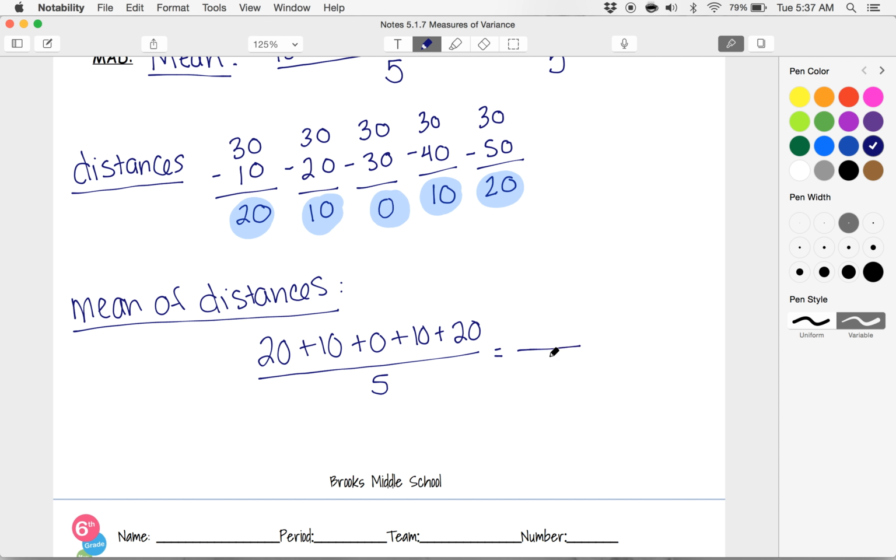So we're going to add 20 plus 10 plus 0 plus 10 plus 20. Gives us 60 divided by 5 is going to give us 12. So our MAD is equal to 12.